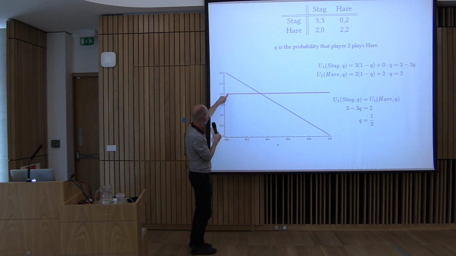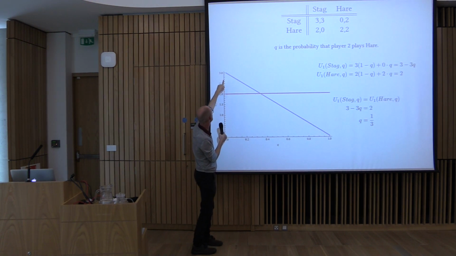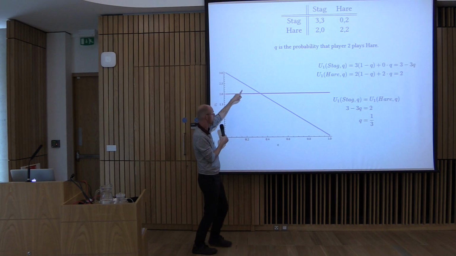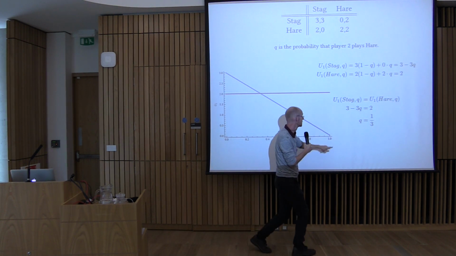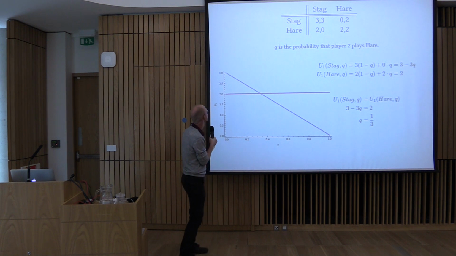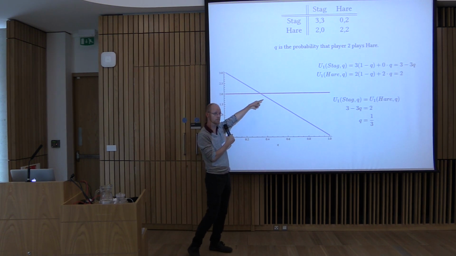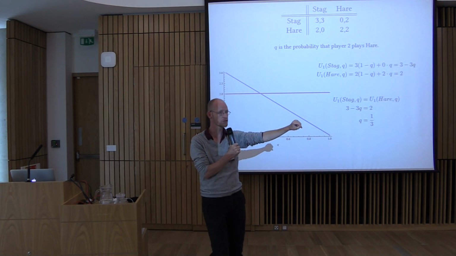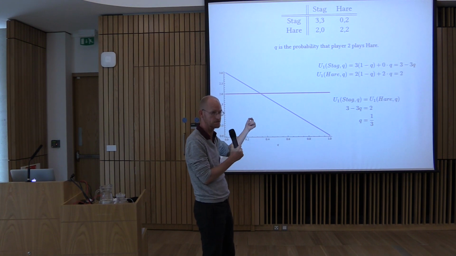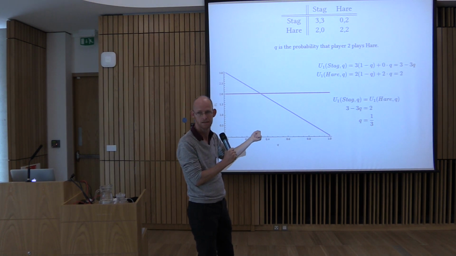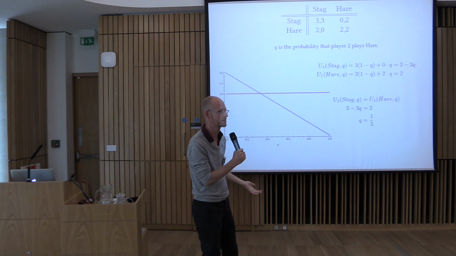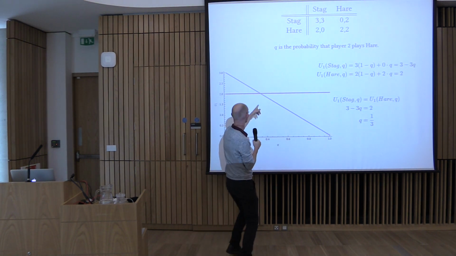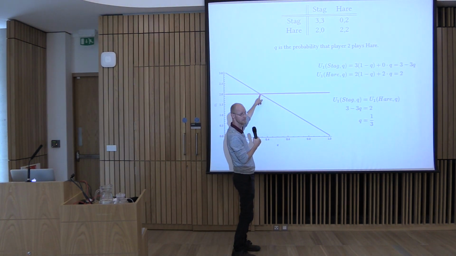So what are the utilities of playing stag? Well, if he plays stag, it's 3 for you. If he plays hare, it's 0. But the utility of playing hare is always 2. Yes? Now, until when is it best to play stag? Exactly until this point.